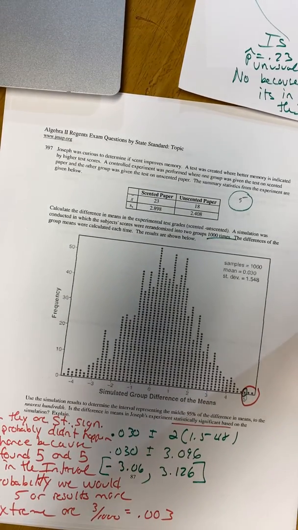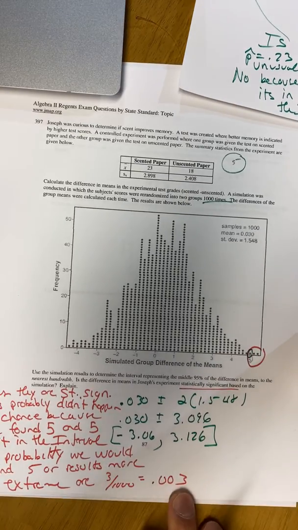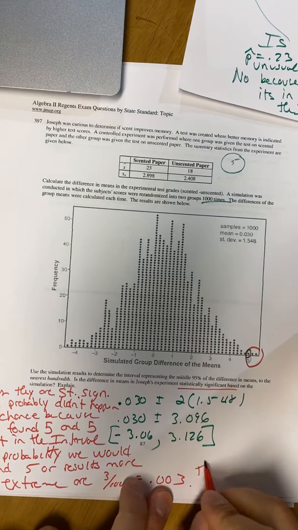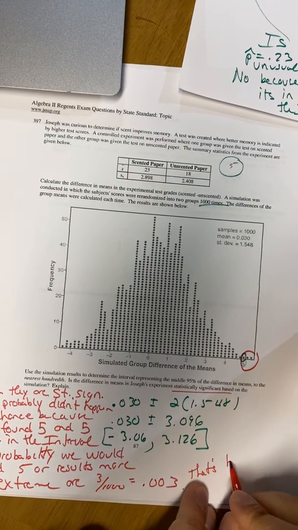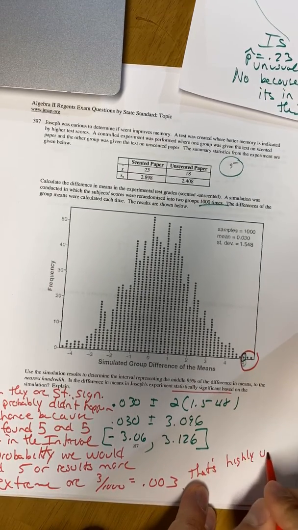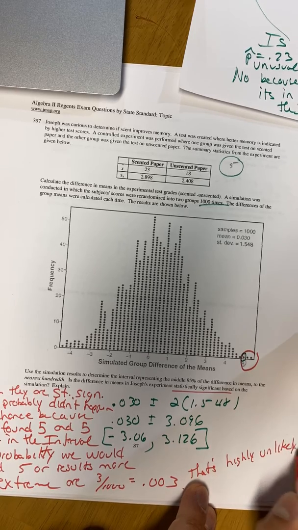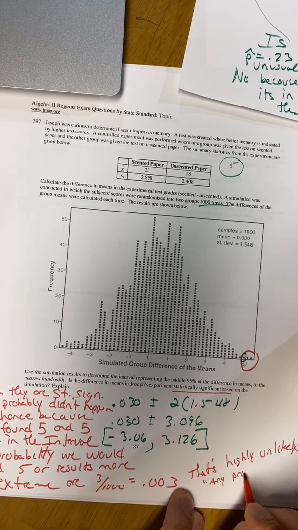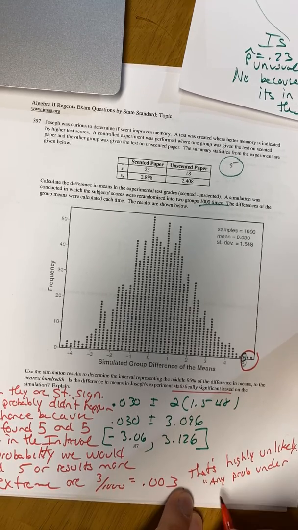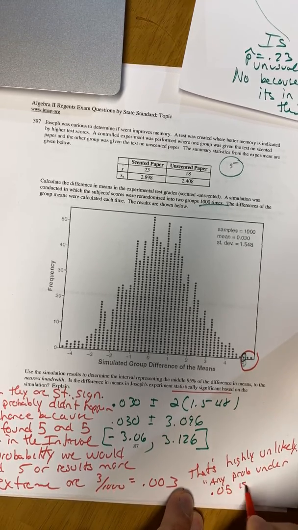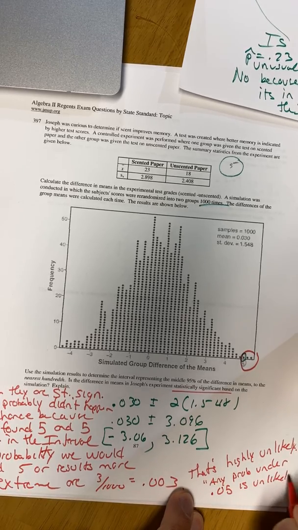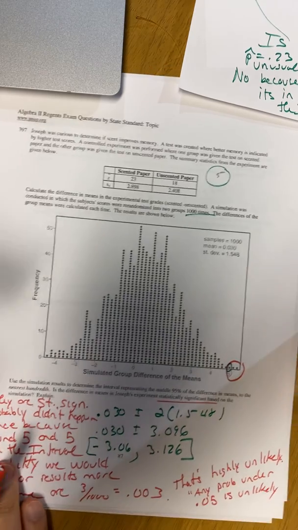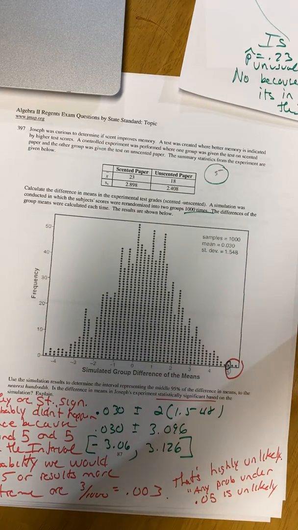That's such a low probability that we should not have been able to do that. That's highly unlikely. Actually, in this course, any probability under 5% is unlikely. Thus, 95% confidence intervals. So that's how you handle these types of questions, and we're going to stop here.